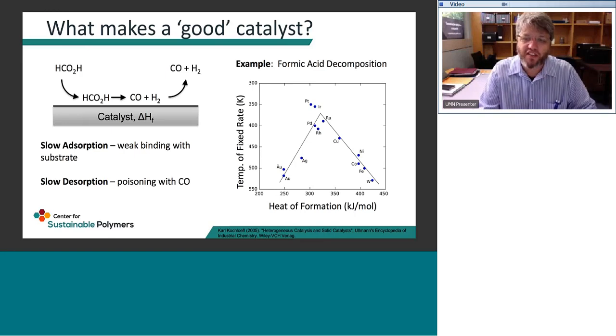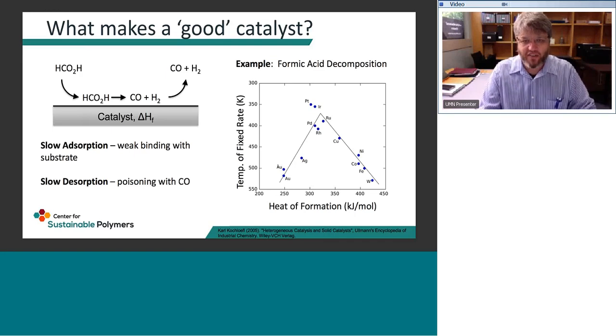And what you can see is this, which is also called the Sabatier curve or a volcano peak or a volcano curve. It goes by a couple different names. But very clearly that balance of dissociation and desorption is matched very nicely for species like platinum, iridium, and ruthenium. But species like silver and gold on the left, or nickel, cobalt, and iron, either bind too strongly or too weakly to be near the optimum reaction rate.